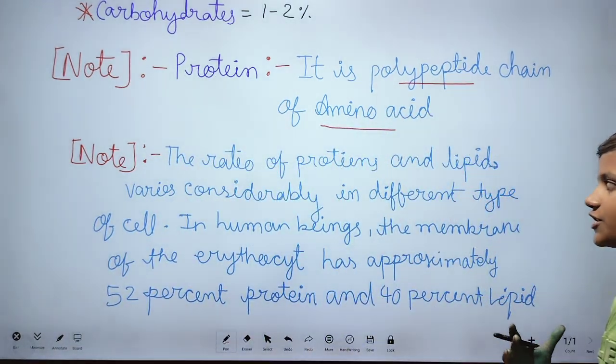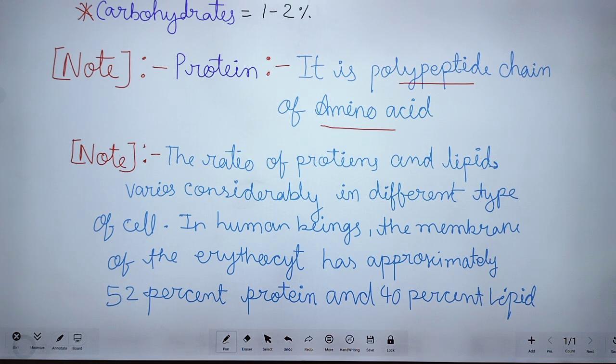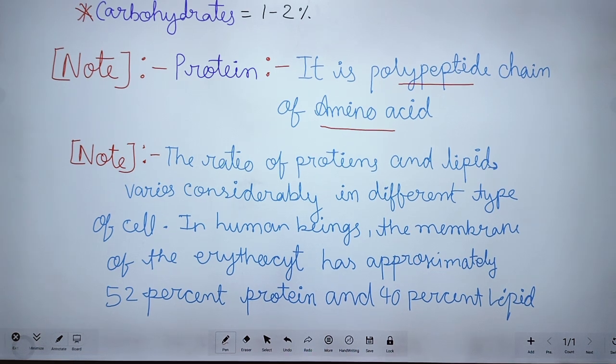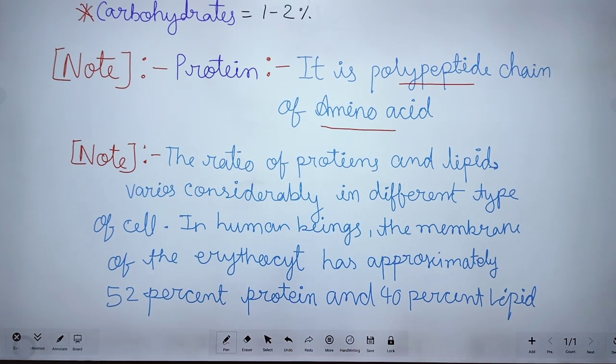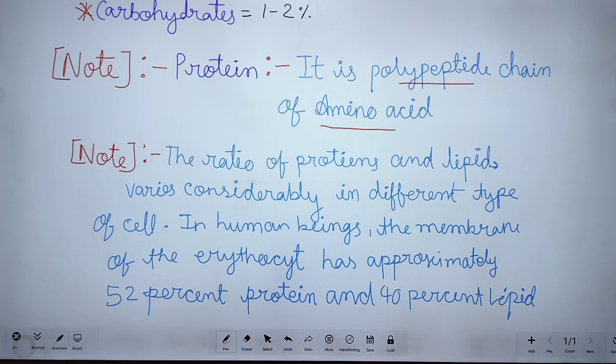It means the ratio of protein and lipids is considerably different in different types of cell. Different types of cell vary in the percentage of protein and lipid.